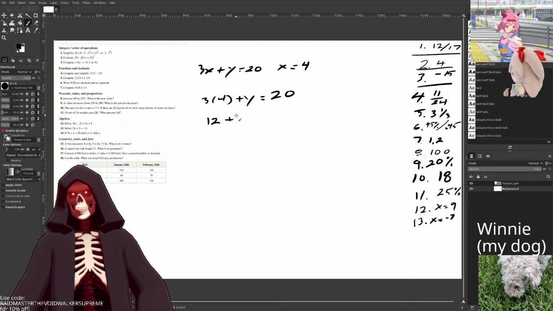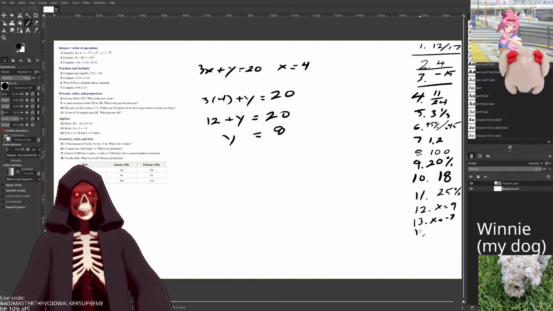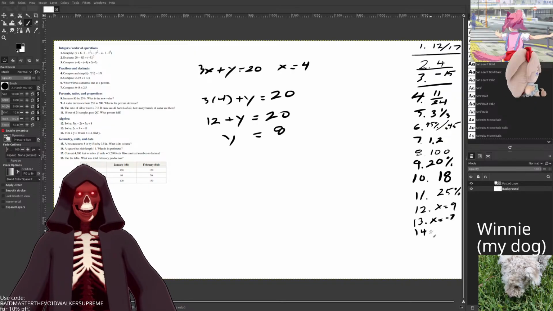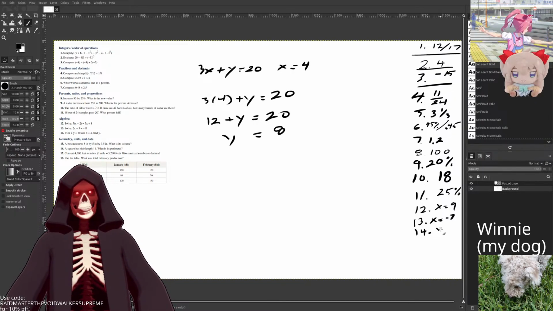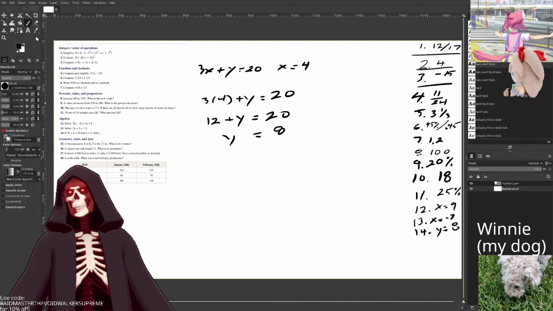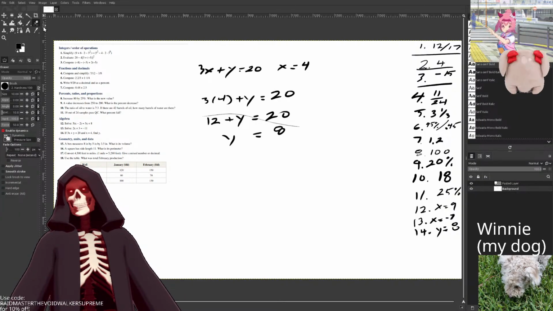That's 12 plus y equals 20. Y equals 8. There we go.